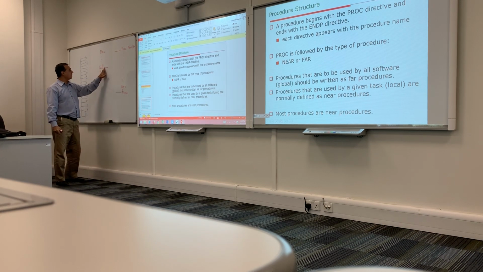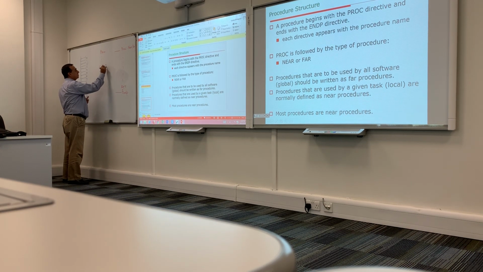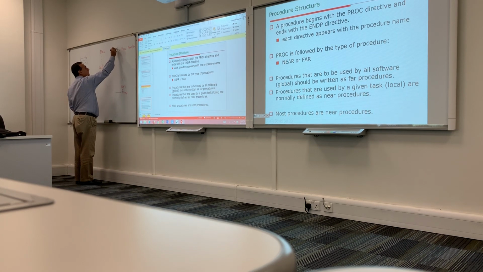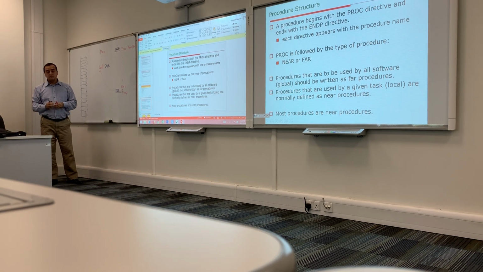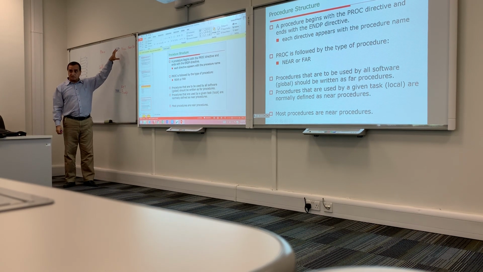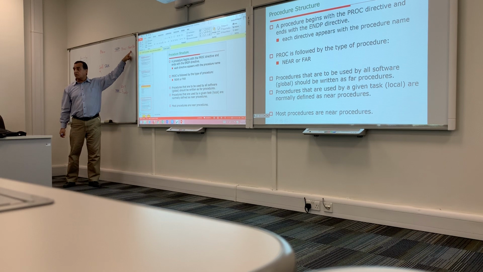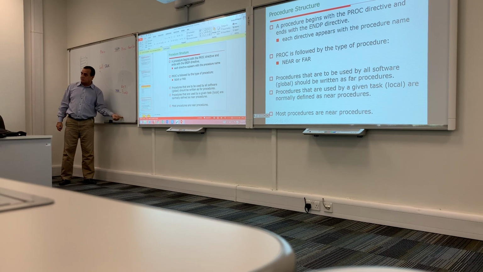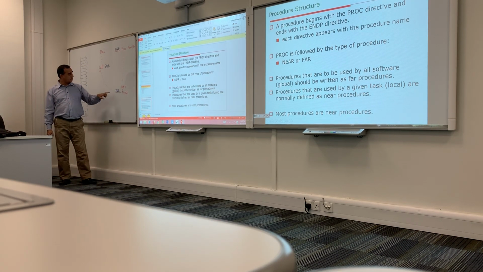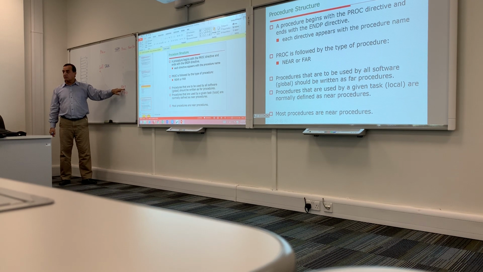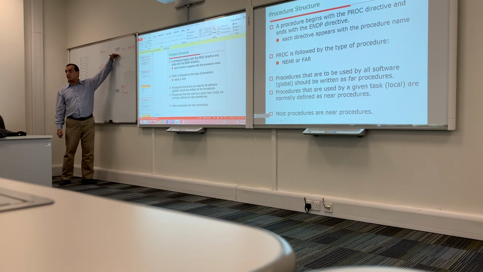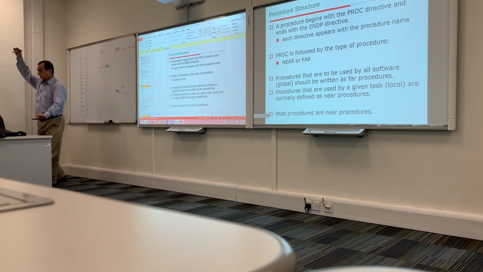For example, I'm calling the procedure square, so this will be SQR. When the assembler is assembling this code, it will see SQR and know it is a procedure to be stored in the same segment or an outside segment. Whenever it sees SQR ENDP, that means there is nothing below this one. So these are two directives. This is an instruction, this is not an instruction. This is a directive, this is a directive, like a header and footer.